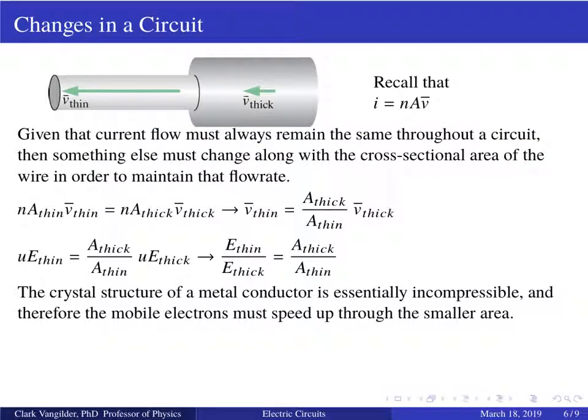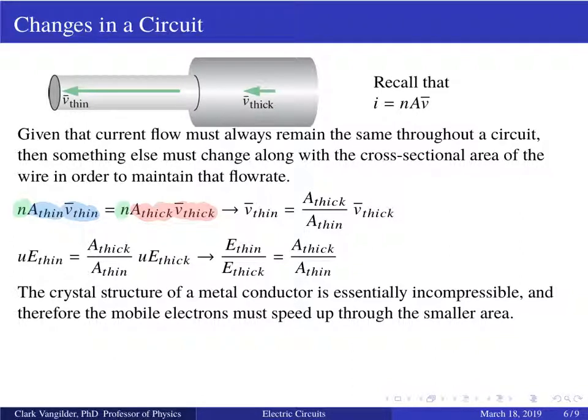So what do we have here? Area thin, drift velocity in the thin. Area thick, drift velocity in the thick. Okay? Mobile electron density, that's not going to change. Same material.